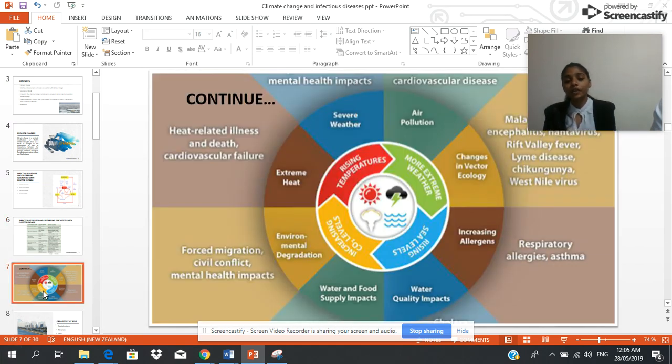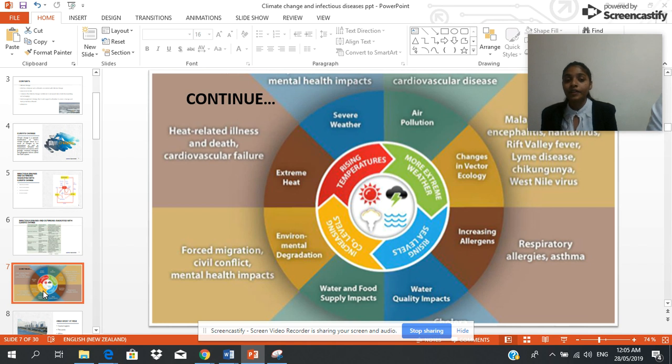So, to conclude, because of climate change, four impacts can happen: rising temperatures, more extreme weather changes, carbon dioxide level changes, and sea level rise. Rising temperature can directly impact human health.